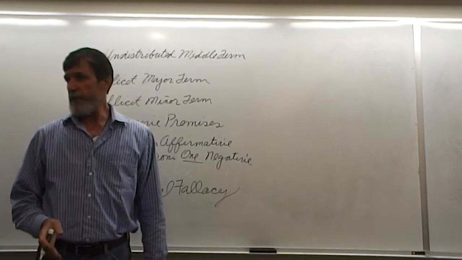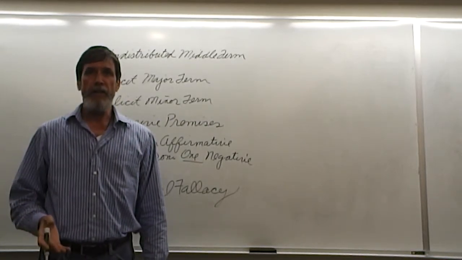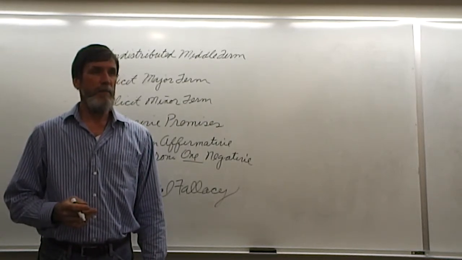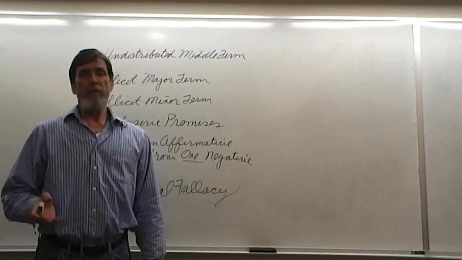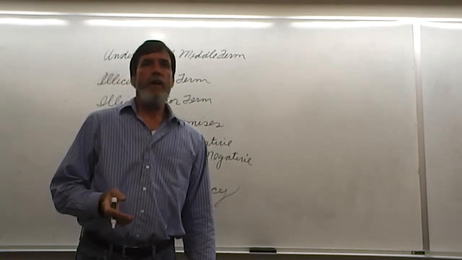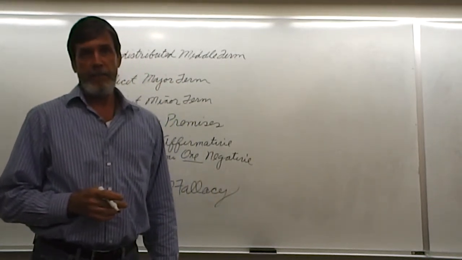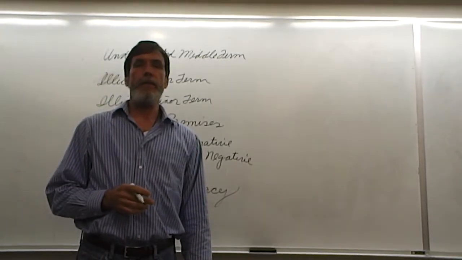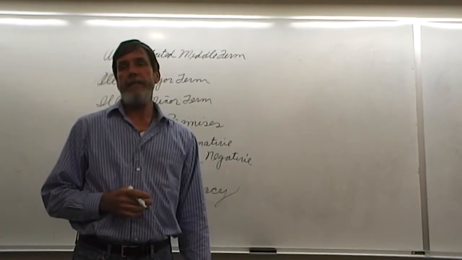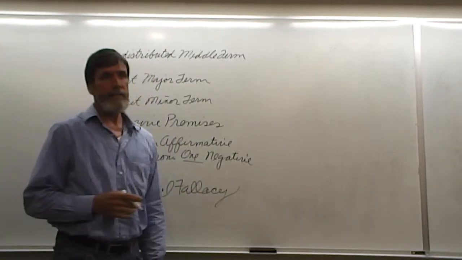Your identification of this fallacy requires that you know the quantity of your propositions, universal or particular. The rule says no valid categorical syllogism can have 2 universal premises and a particular conclusion. So whenever that's the case, we know that it's invalid.